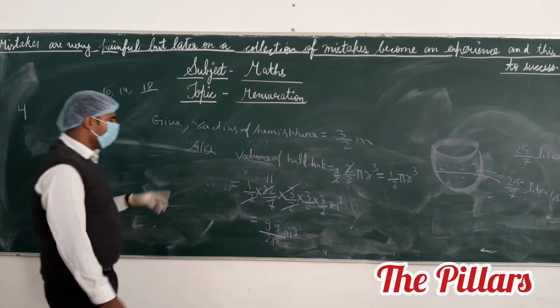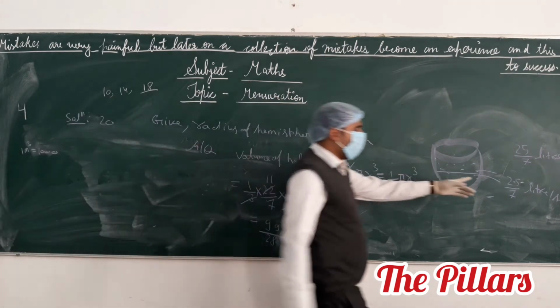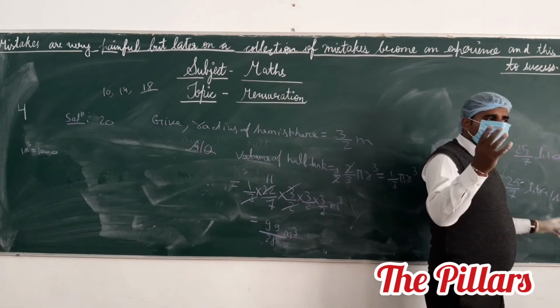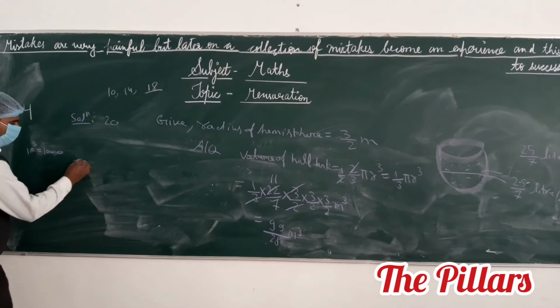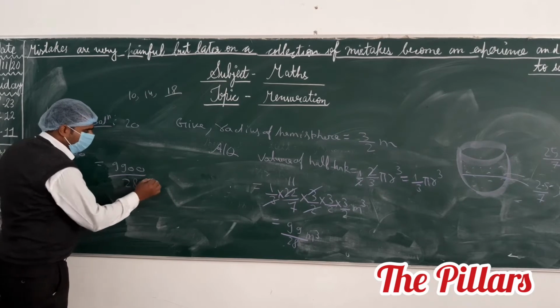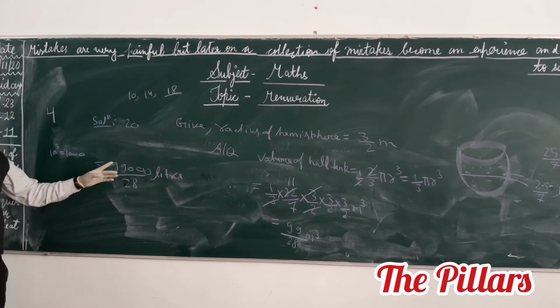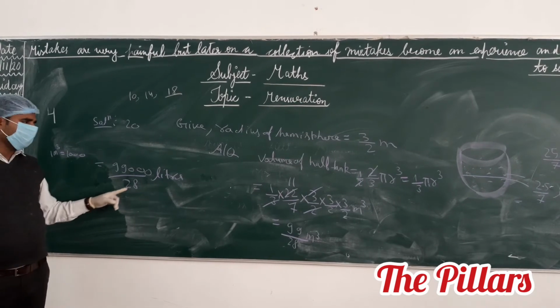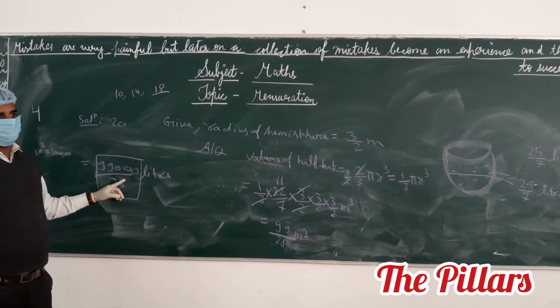And you know that 1 meter cube equals what? 1000 liter, because the rate of coming out is given in liter. You have to convert our quantity into liter. It means this will be 99,000 divided by 28 liter. This much volume we have in the half hemisphere.